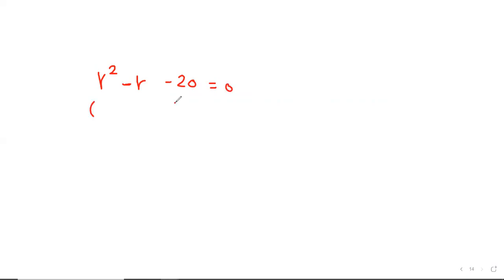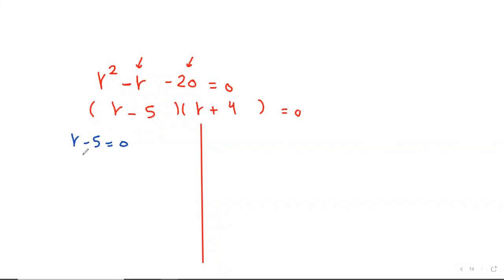We can factorize it. Two numbers, their product negative 20 and their sum negative 1. So it will be (R minus 5)(R plus 4) equals 0. Then we have two solutions here, or we have two geometric sequences. The first one is R minus 5 equals 0, from that R equals 5. And the second one is R plus 4 equals 0, and from that R equals negative 4.